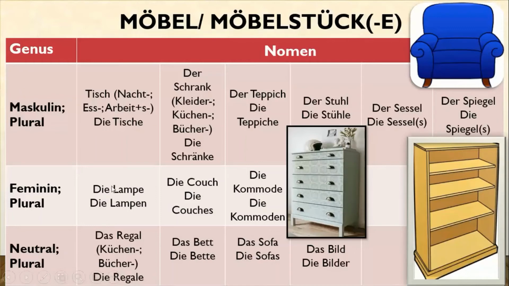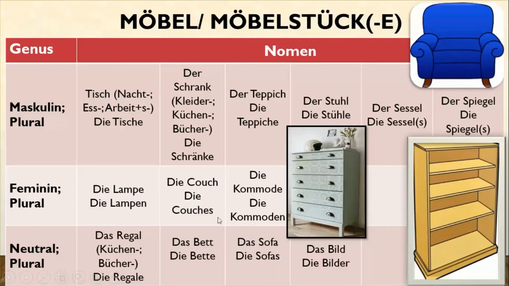So moving on to the feminine nouns, die Lampe, die Lampen, the lamp. Then we have a word in German that has been taken from the English. So, die Couch, die Couches.